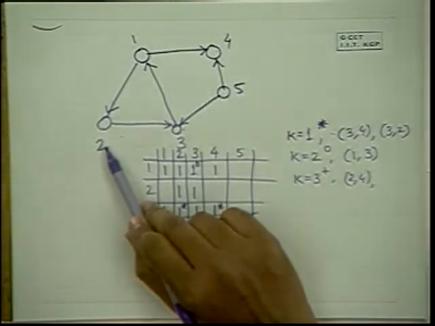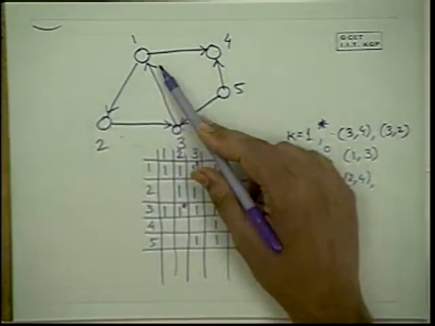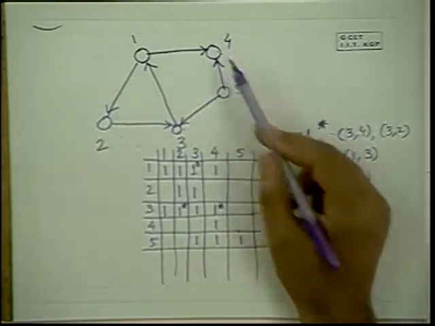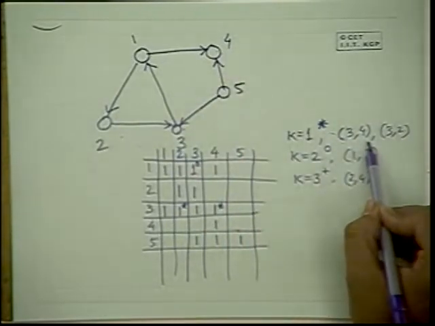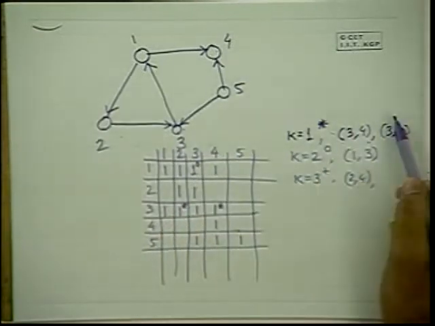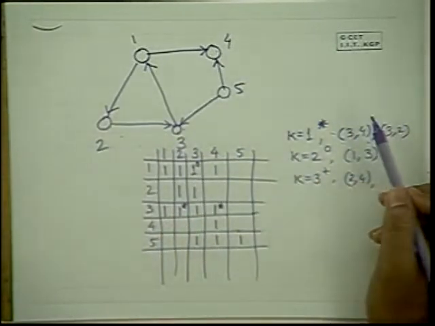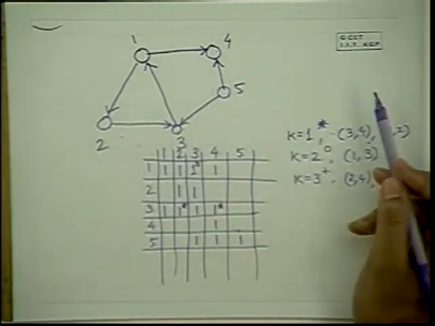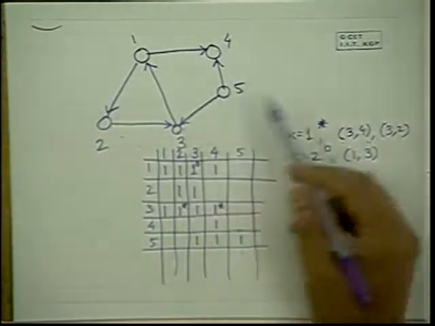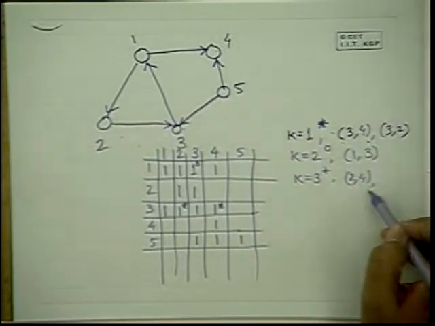Between 3 to 4 you already have a path because 3 4 has been set here, and already between 2 to 3 there is an edge. So D2 3 is already 1, D3 4 is already 1, which means D2 4 should be 1. So that's why you have found 2 4.